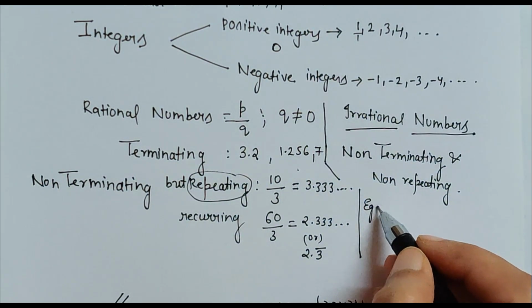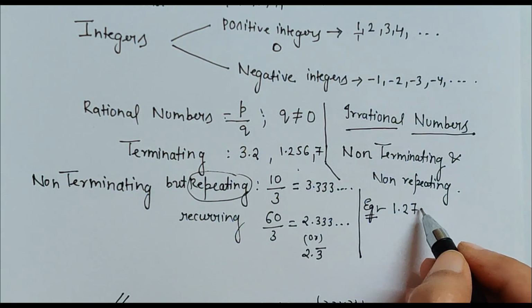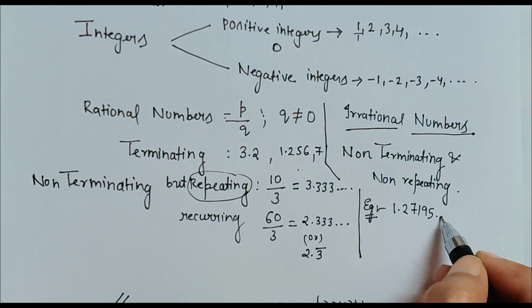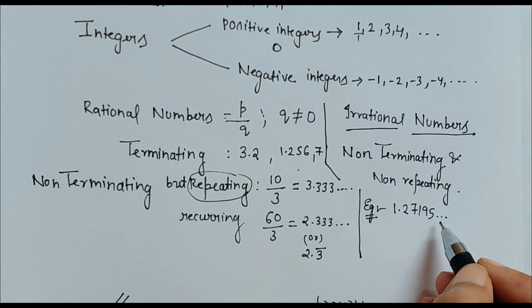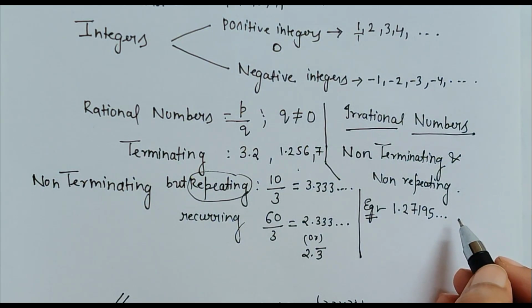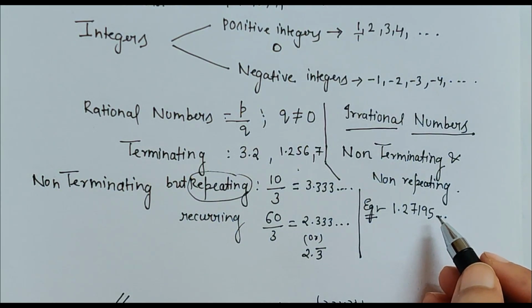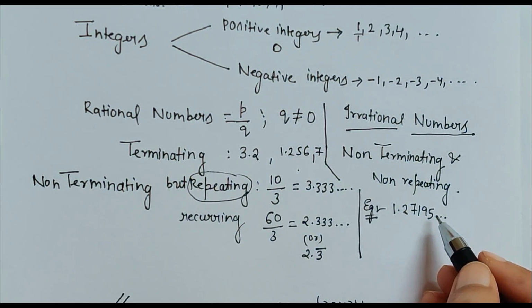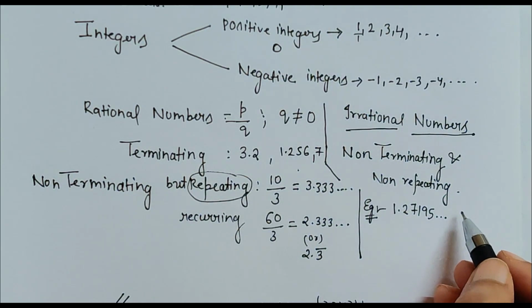So here also let's see a few examples. For example, 1.27195 dot dot dot. What does this dot dot dot indicate? It indicates that some or other numbers are again and again coming, but what is their nature? It is different. The digits we are getting one by one are not repetitive in nature.